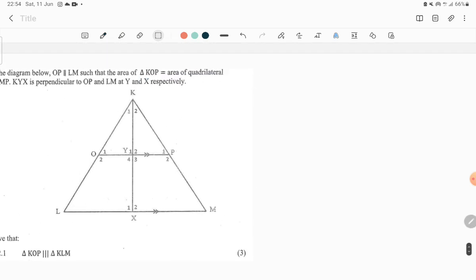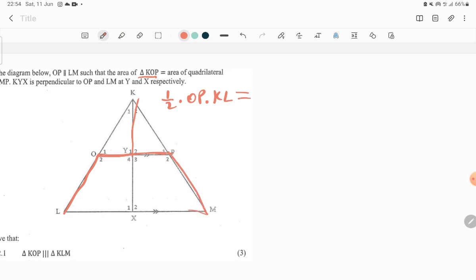Now, what are we having here? We are having the area of this triangle, which is 1 over 2 times OP times KY, which is the base times height. It is equal to the area of this trapezium.